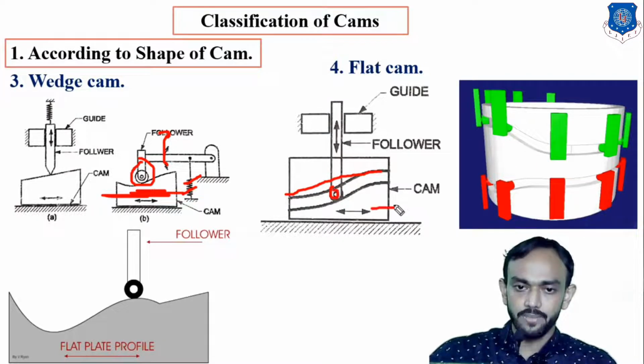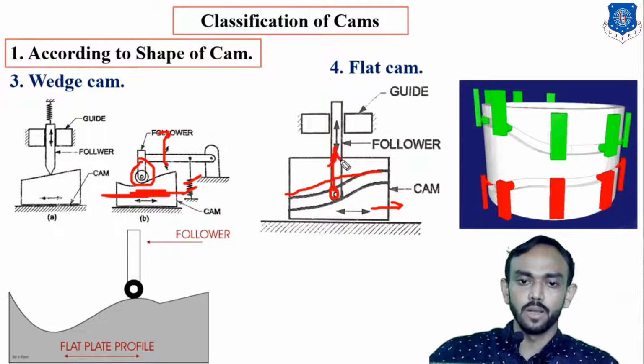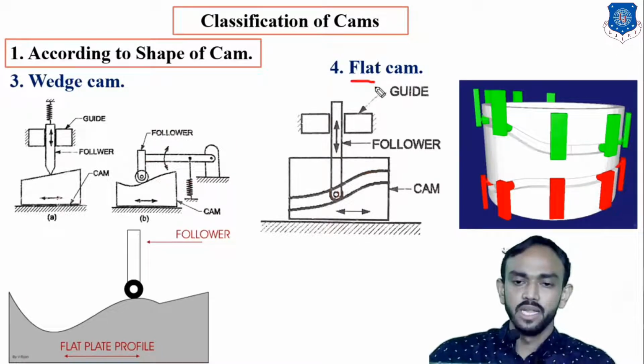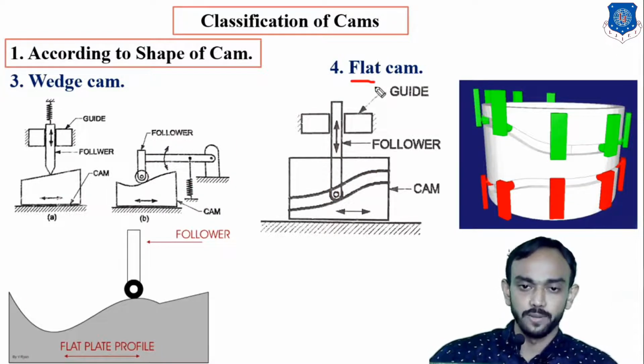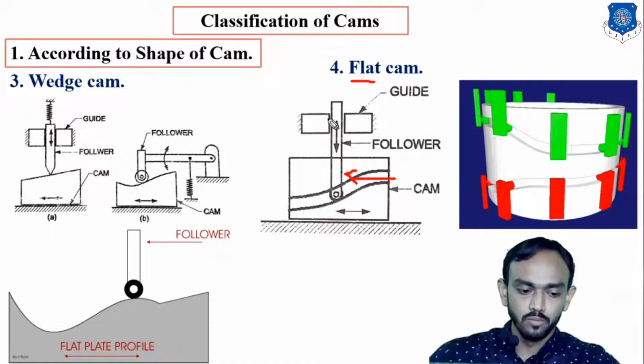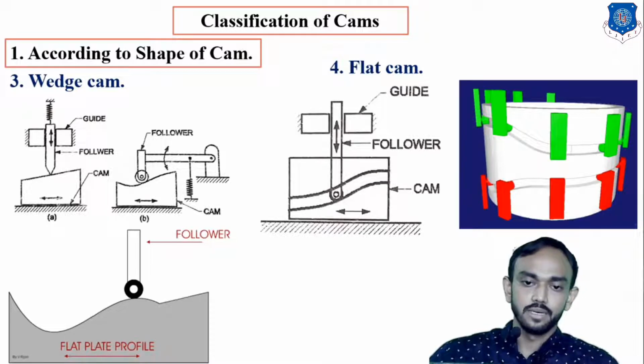If the cam is moving, the follower will compulsorily move in an upward direction. That's why a slot is always given in a flat cam. It is also known as a positive cam. In a positive cam there is no possibility of the follower moving in any other direction with respect to the cam. If the cam is rotating or moving, the follower must move in a particular constrained direction.